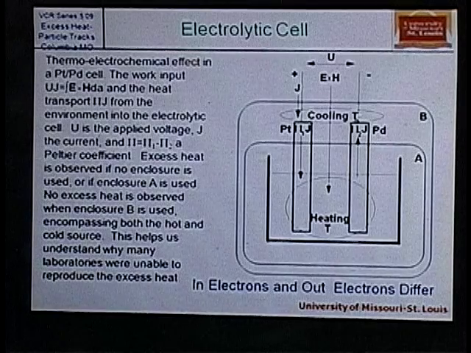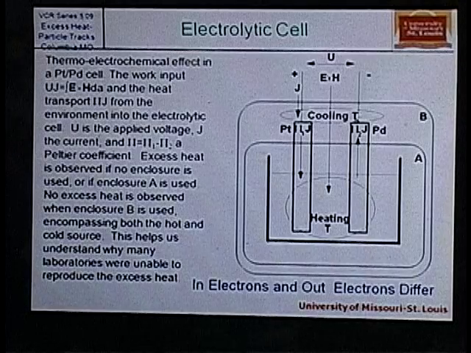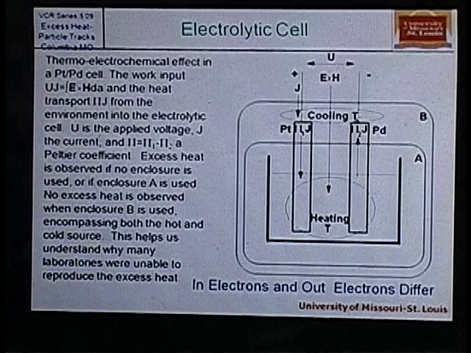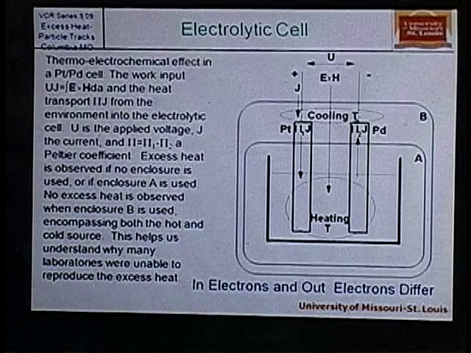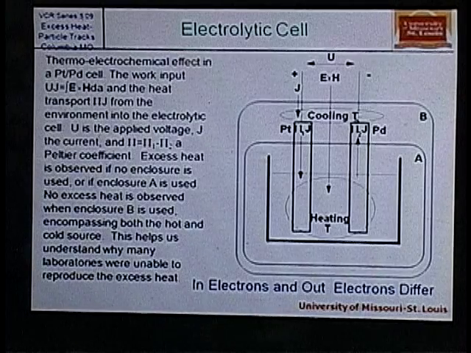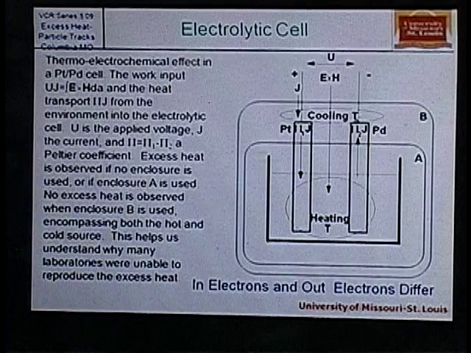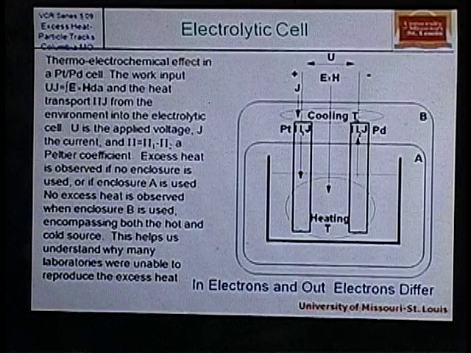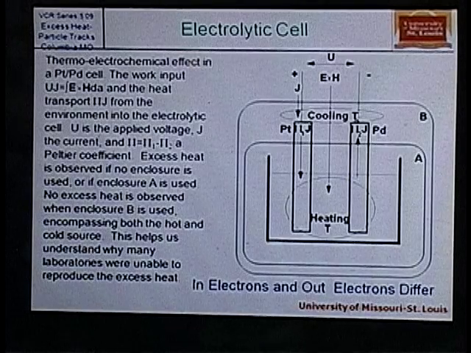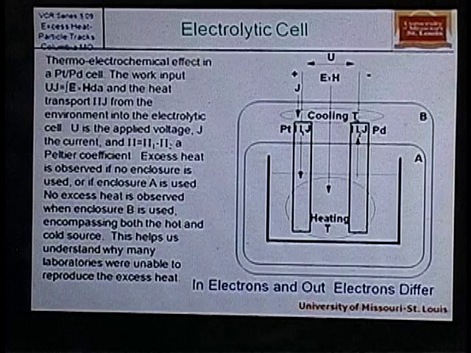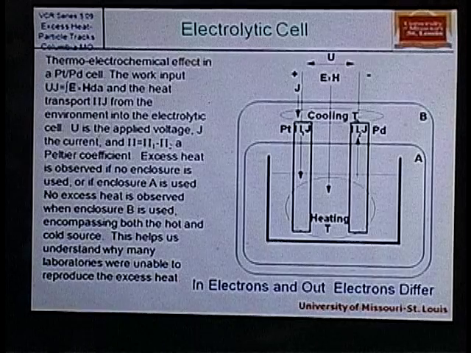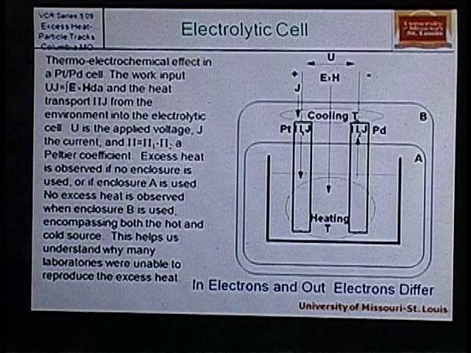In various experiments, the adiabatic surface, this means the isolating sheet of the calorimeter, was either of the type of this surface A, where the platinum and the palladium, either the rod or the corresponding wire being of the same material, would go through, or of the type B, where people made connections inside, for instance in order to save on platinum and palladium.